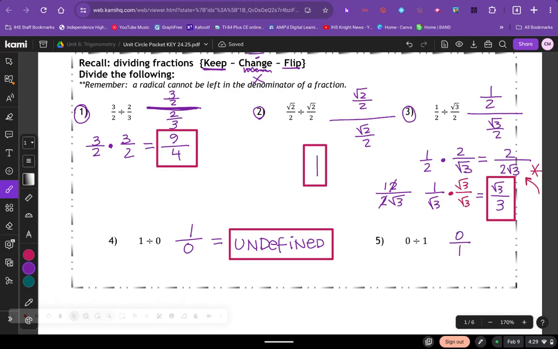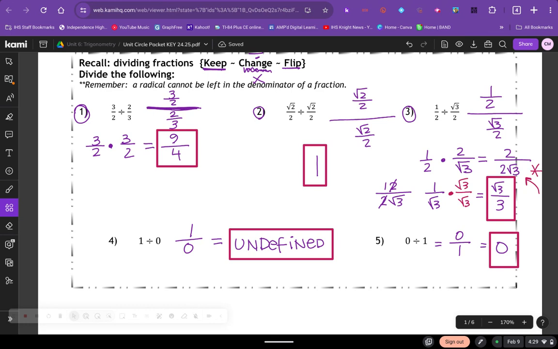0 divided by 1, however, that is equal to 0. If you ever forget which of these is undefined and which is 0, you can always use your calculator as a tool to help you, because if 0 is in the denominator, the calculator gives you an error message.